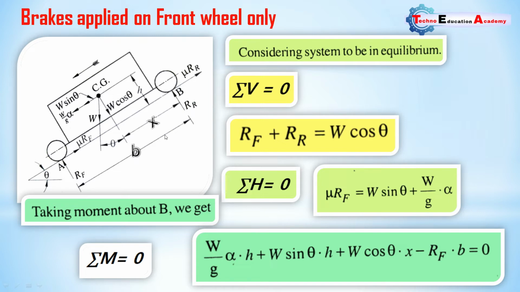So RF into B equal to 0. As I have mentioned, you can consider clockwise moment as positive and anti-clockwise as negative, or the other way around, or you can directly compare clockwise moment equal to anti-clockwise moment, because here sigma M equal to 0.